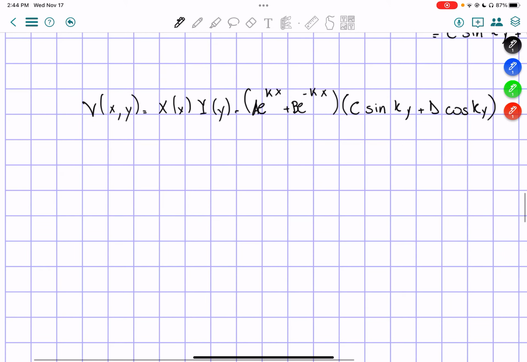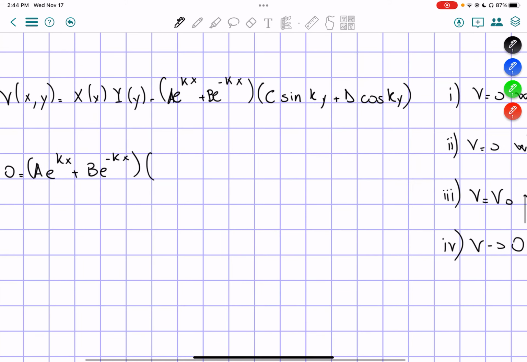So 0 equals our function, which is a e to the power of kx plus b e to the power of negative kx, times c sine of k times 0 plus d times cosine of k times 0.